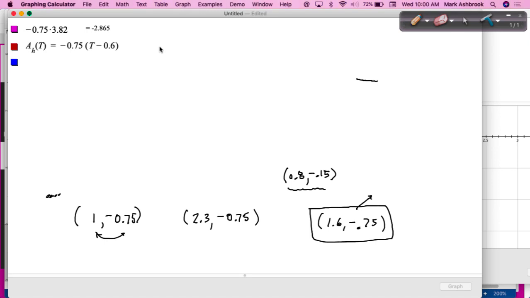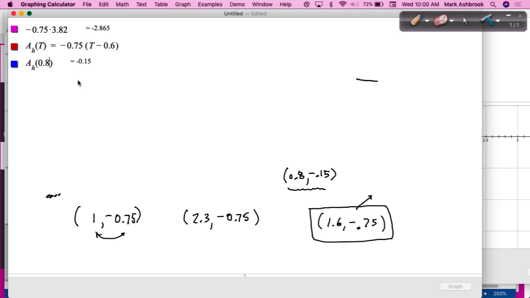I could use it. So what was the one that we had? So what was that first point that we had? Was that 0.8? So if I do a sub h of 0.8, look, now it's using that function and telling me that the change in height since 0.6 was the negative 0.15.